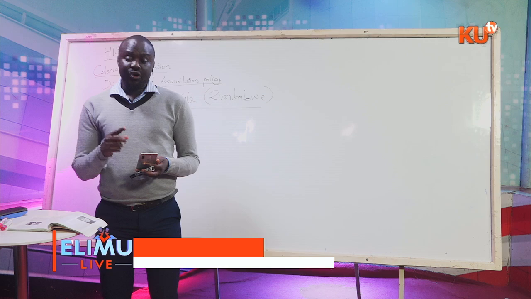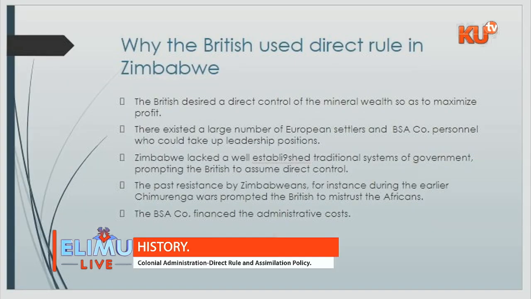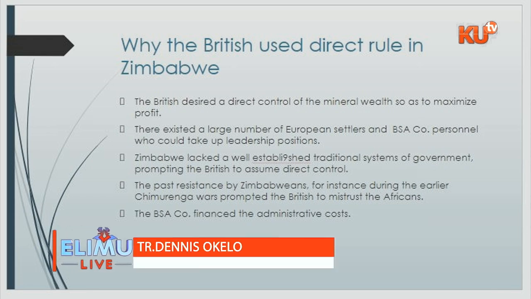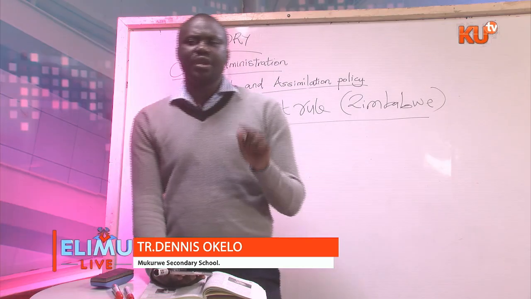Again, Zimbabwe, or Southern Rhodesia at that time, lacked a well-established traditional system of governance, prompting the British to assume direct control. Remember Northern Nigeria. Why did the British use indirect rule in Northern Nigeria?